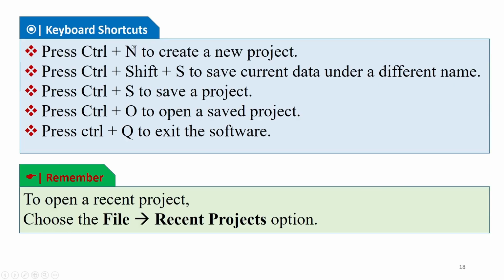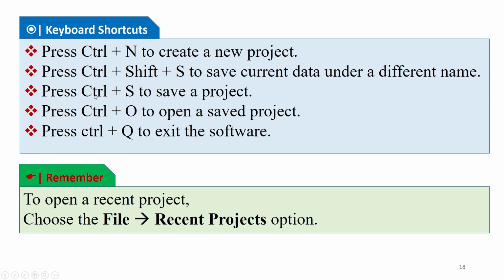Now we have learned some shortcut keys. By clicking on the File menu and the other menus, we will find shortcut keys for almost all the options. The important ones are given here. For creating a new project, Control N. Control plus Shift plus S will save your current data under a different name, which is the option for save as.